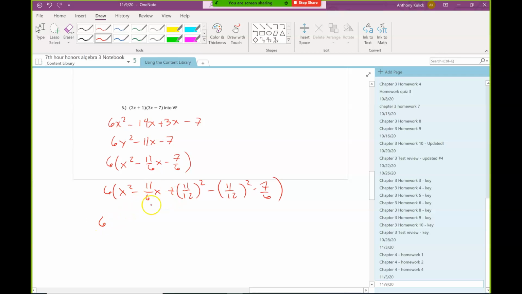And I'll then distribute the 6 through to kick those last 2 pieces out. And I'm not going to bother multiplying out 11 over 12 here, because I'm just going to factor in a second. I don't need it multiplied out to factor it. I do need it multiplied out over here, though, so I will do that.